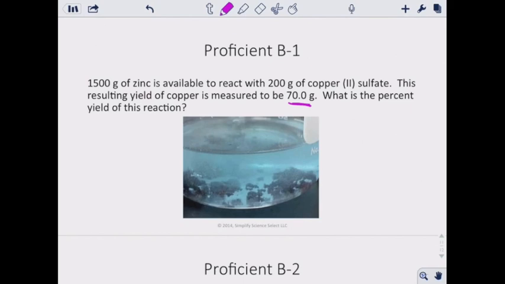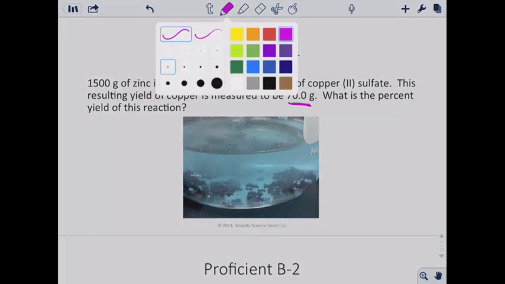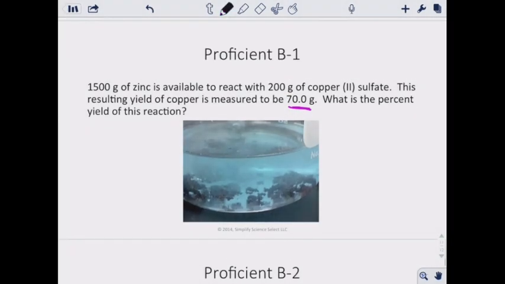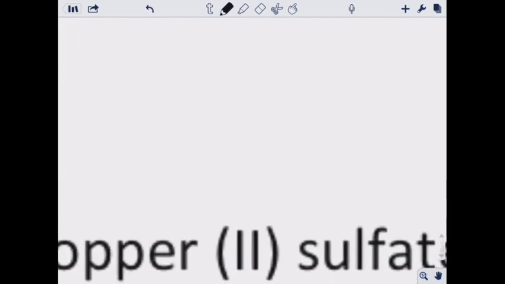The first thing that we have to have is a balanced chemical equation. And before we balance it, we have to actually write the equation correctly. So let's go ahead and start with that, and I'll give us our balanced chemical equation.